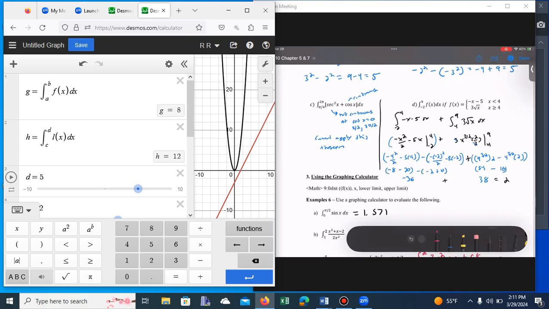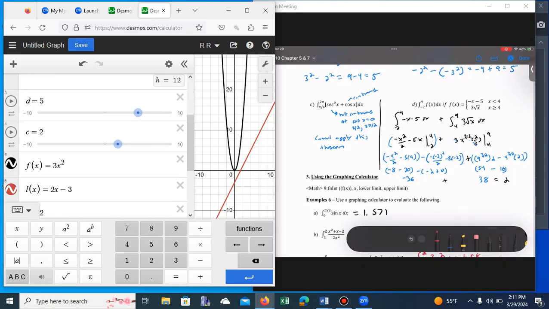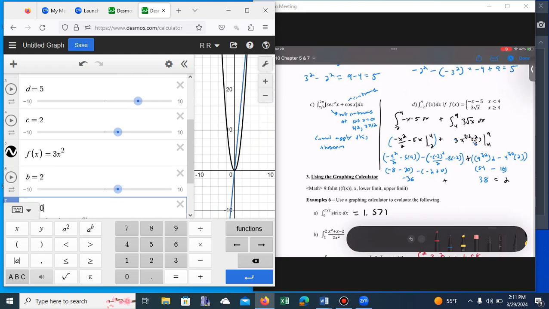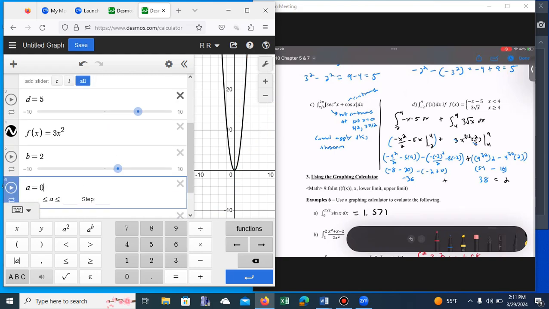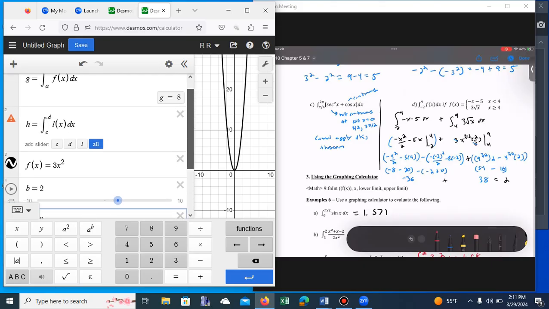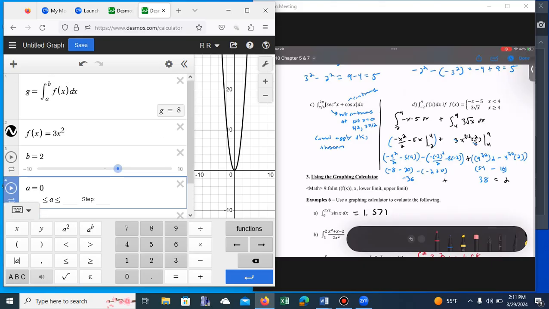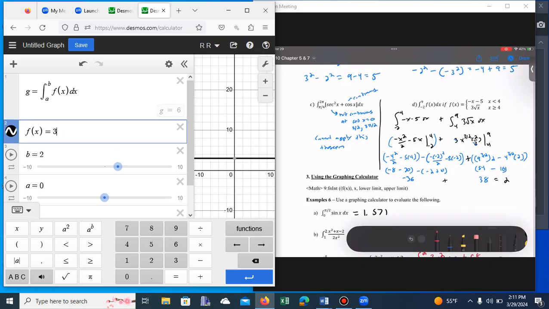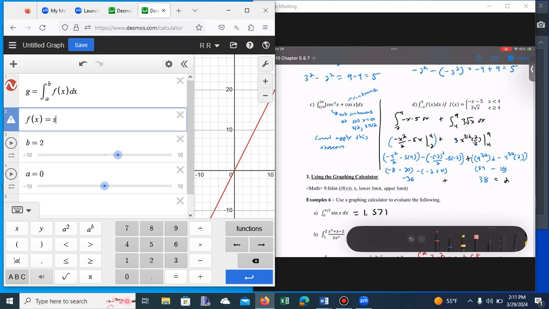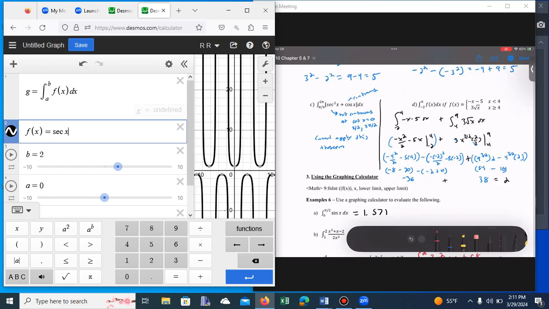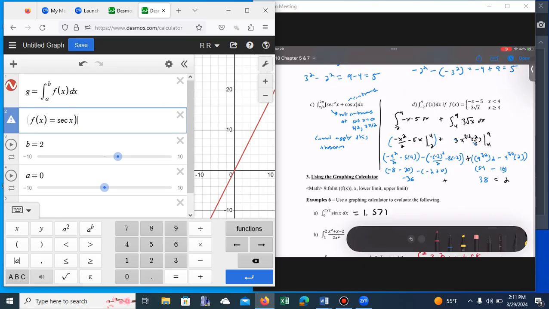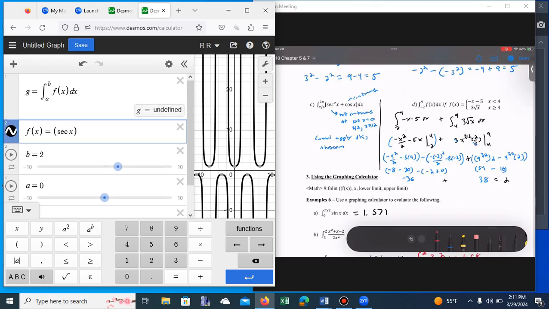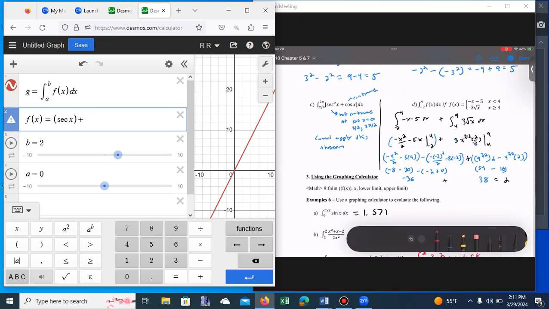Let's look at secant squared x plus cosine x. I'm just going to do it. So secant x, and we'll be squaring that, plus cosine x.